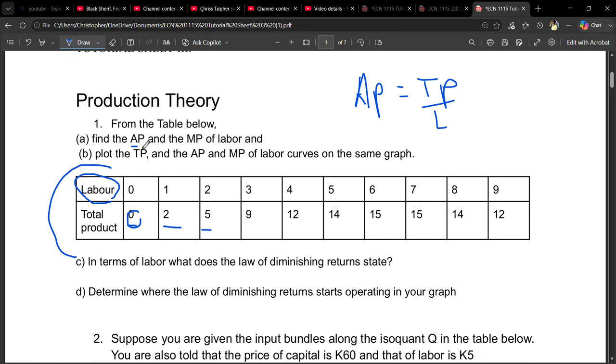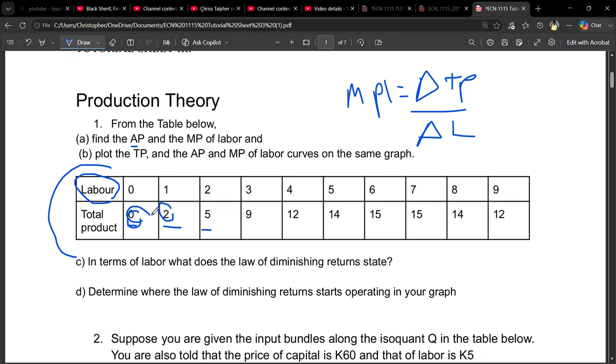Okay, your MP is going to be found by, so marginal product of labor is simply the change in the total product over the change in the labor that you are using in production. So here you're going to consider the change between this point and the first point.